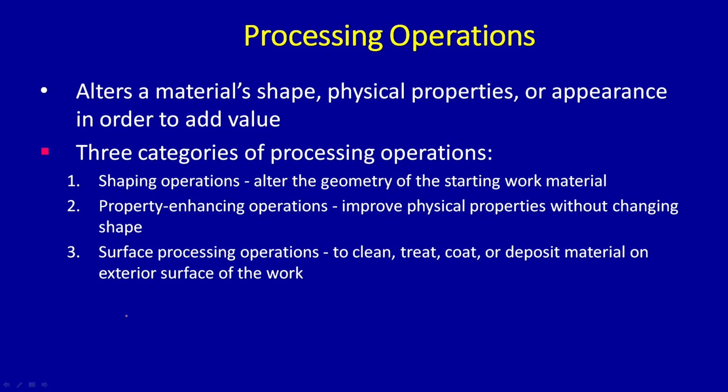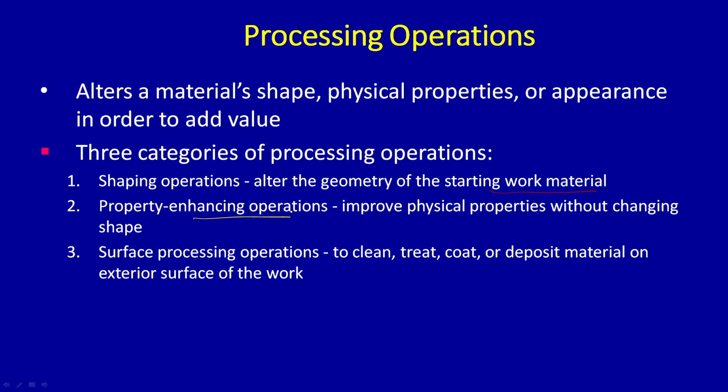So, there are basically three categories of processing operations. The first one is called shaping operations. In that operation, you alter the geometry of the starting work material. The second operation is known as property enhancing operation. It improves the physical properties, or even some of the chemical properties, without changing the shape.